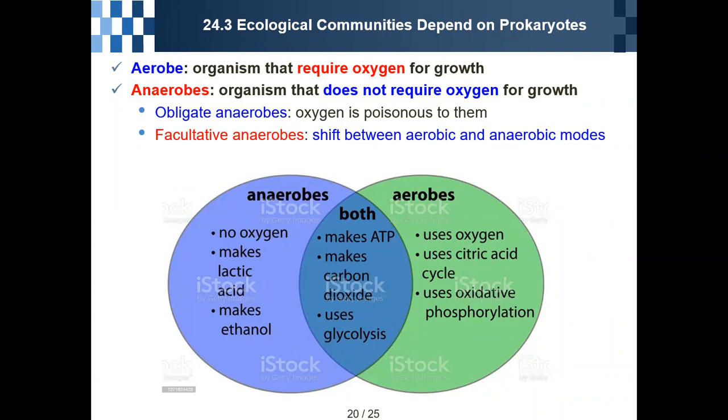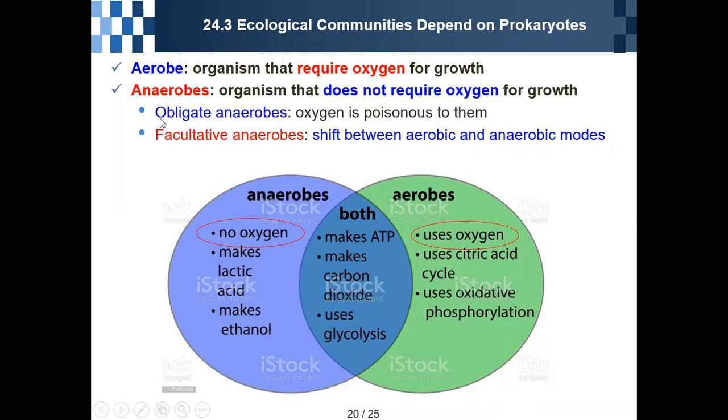Also, prokaryotes are either aerobes or anaerobes. A prokaryote that requires oxygen for growth, we call an aerobe. They use the oxygen. However, anaerobes do not require oxygen for growth.